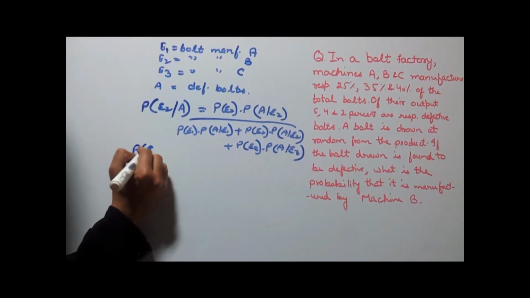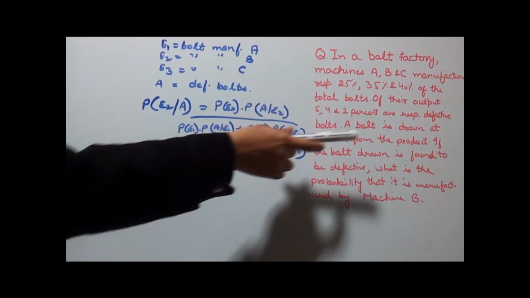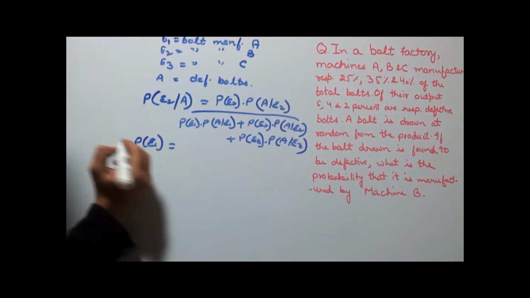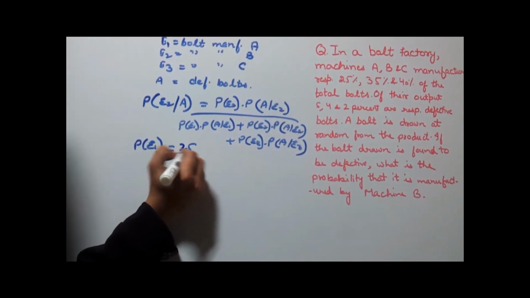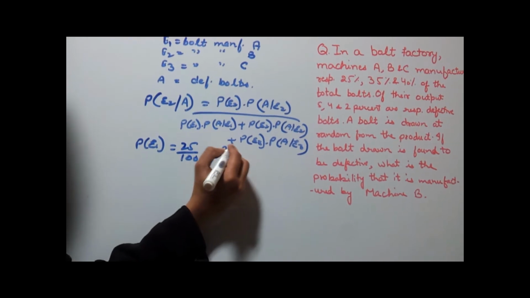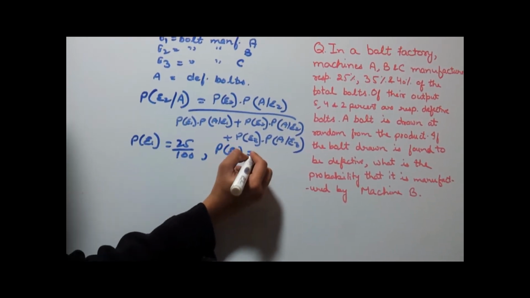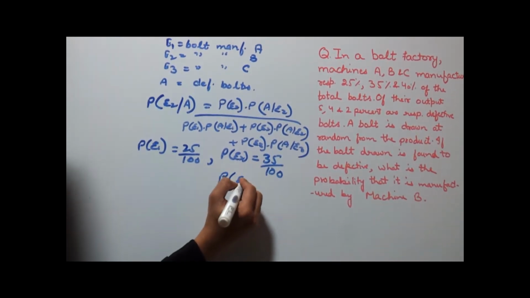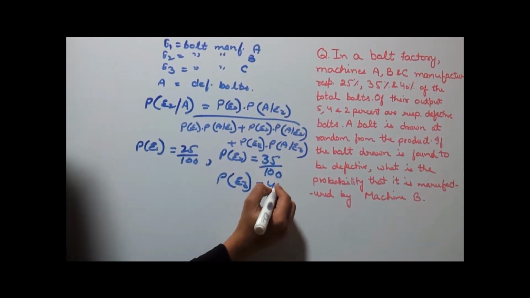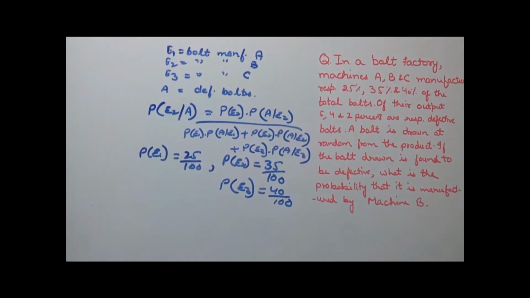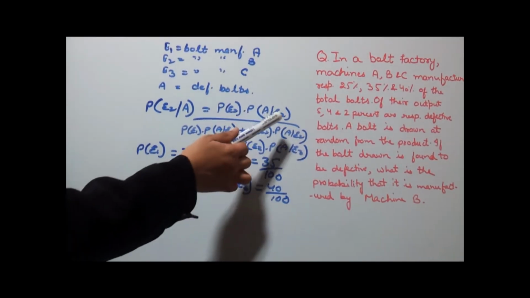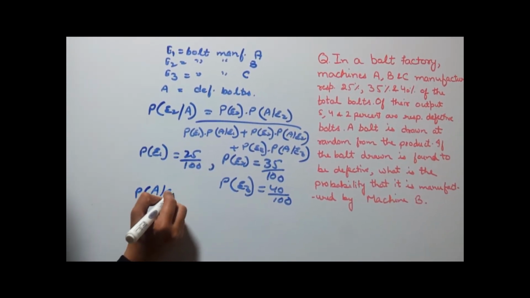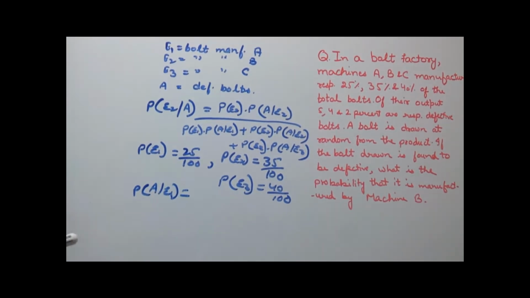So probability of E1 would be, there are 25% bolts manufactured by machine A, so probability of E1 would be 25 by 100. Similarly, probability of E2 would be 35 by 100, and probability of E3 would be 40 by 100. Now we need to calculate probability of A given E1, E2 and E3.